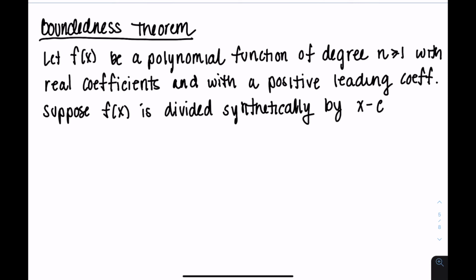So what this states is we have a polynomial. We're going to let f of x be a polynomial function of degree n with real coefficients and a positive leading coefficient. And this degree you want to be greater than or equal to 1 because otherwise it's going to be boring. It's just a straight line. So now let's suppose f of x is divided synthetically by x minus c.